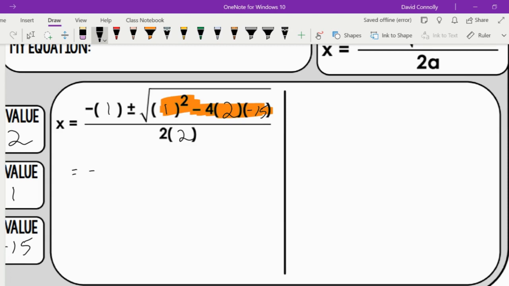This becomes negative 1 plus or minus. And again, all we're doing is simplifying what is underneath the square root. So 1 squared minus 4 times 2 times negative 15. Go ahead and punch that into your calculator or figure out what it is, and then we will continue.